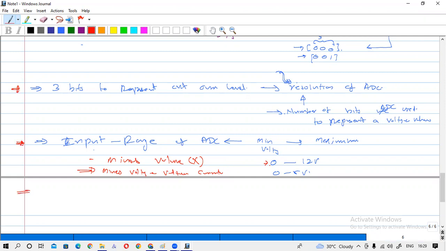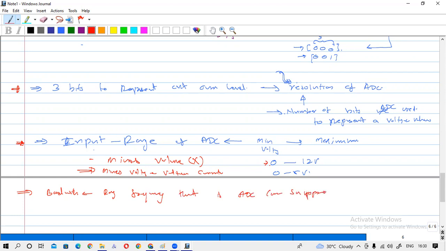And there is also a bandwidth. Bandwidth means the range of frequency that the ADC can support.